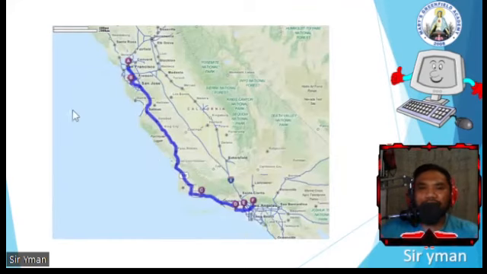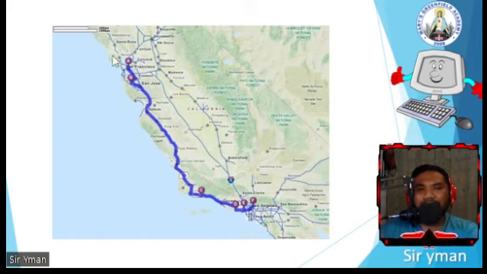So ganitong ginawa nila. So this is the Pacific Ocean, this is one part of the US. So they sent a message from UCLA. So ito yung sender. UCLA means University of California, Los Angeles. Okay? That's UCLA. This is the sender.